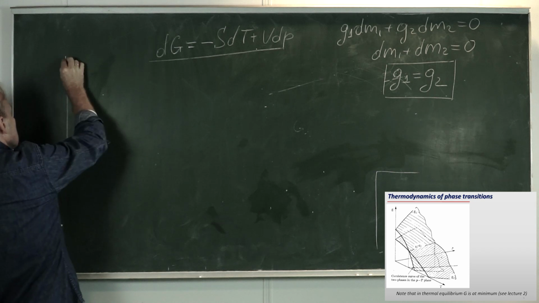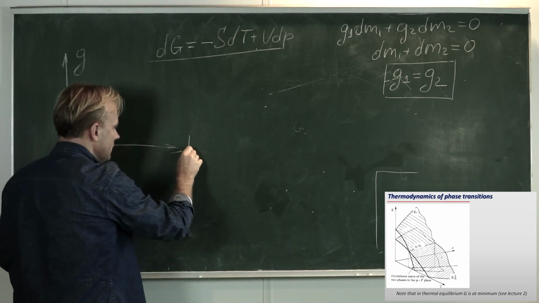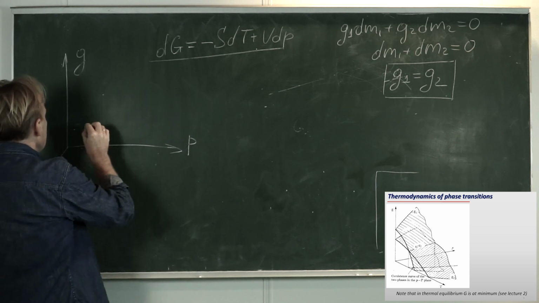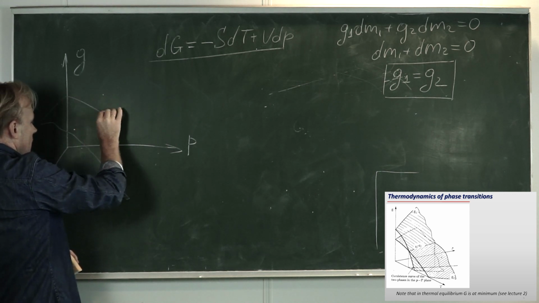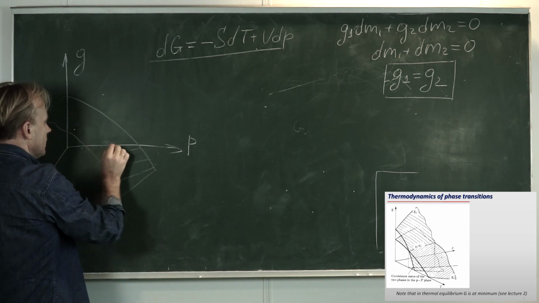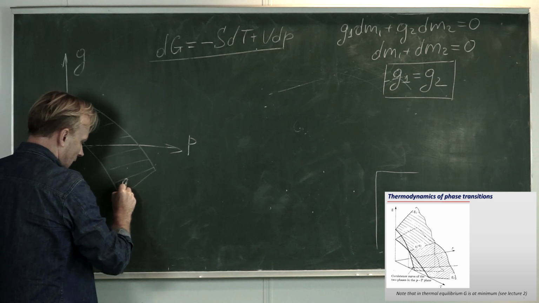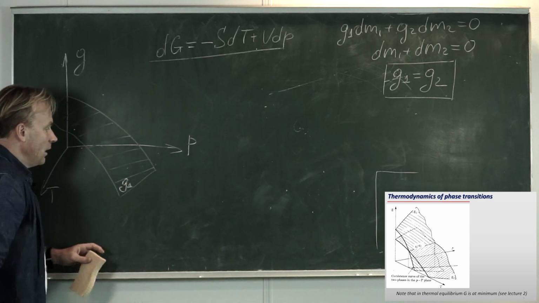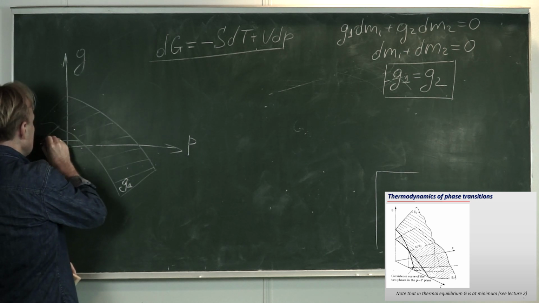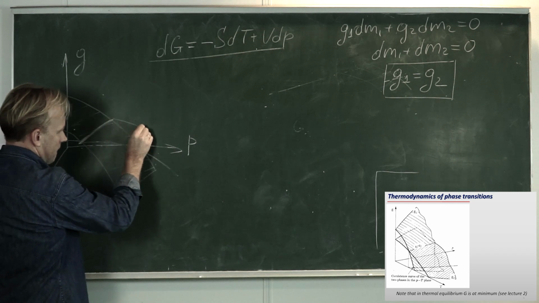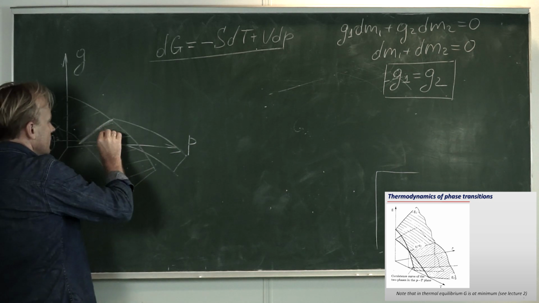So if you now plot G as a function of temperature and pressure, then of course if this specific Gibbs function depends on both variables, it will correspond to some surface in 3 dimensions, and one surface would be assigned to phase 1, and it means it will describe the behavior of the specific Gibbs function G1, and there would be a second surface that will describe the behavior of the specific Gibbs function G2.